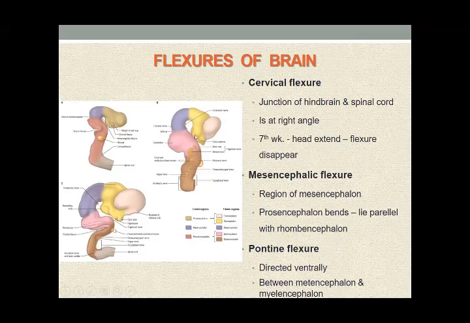Because this forebrain, prosencephalon, has come to lie parallel to the hindbrain. And then finally you have the pontine flexure. This pontine flexure is between the two parts of hindbrain, metencephalon and the myelencephalon, directed in the opposite direction.